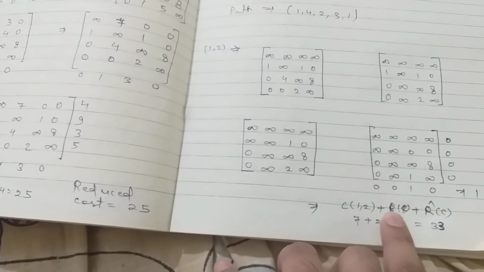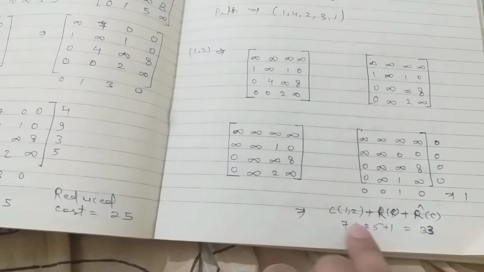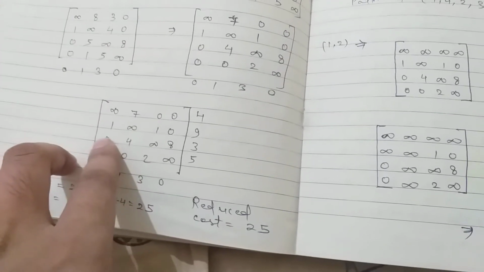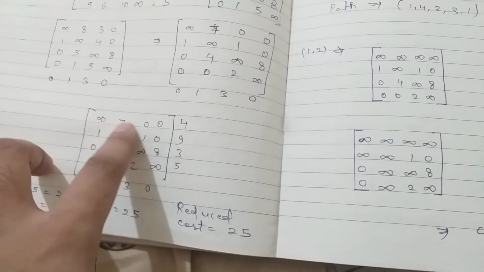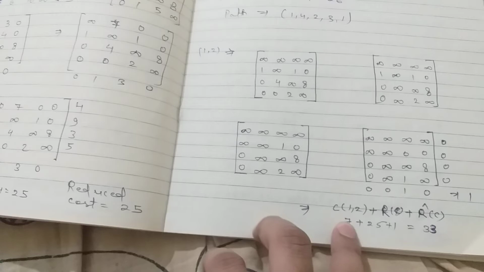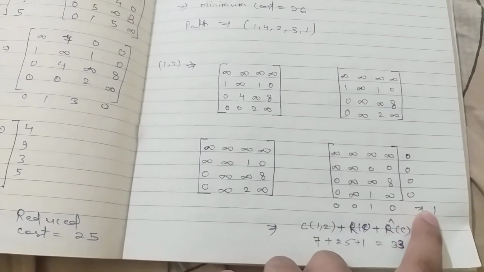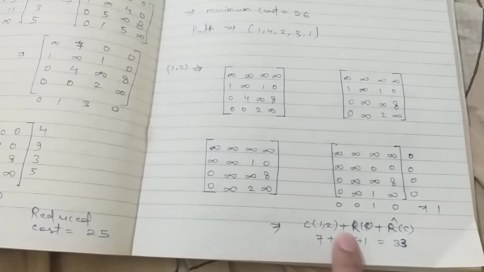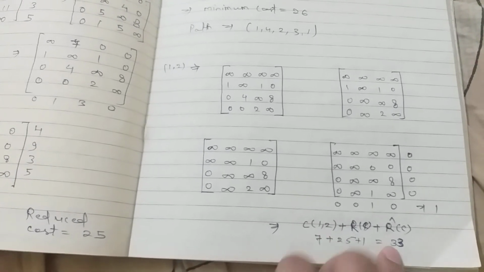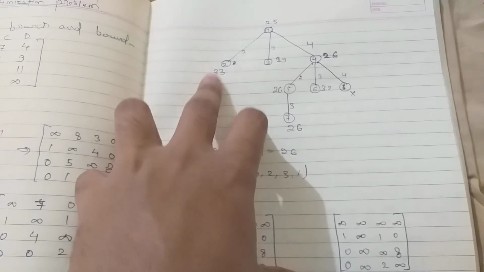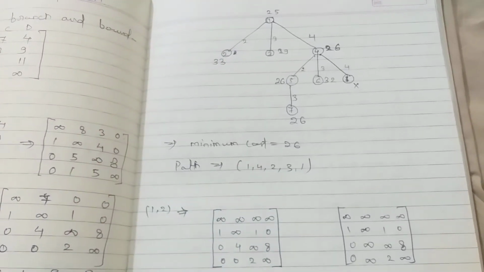Our previous reduced cost is 25, and the cost for 1 to 2, first row and second column, is 7, so we have put 7, and this is the new reduced cost. Adding all these up comes out to be 33, so put 33 as the cost of the second vertex.